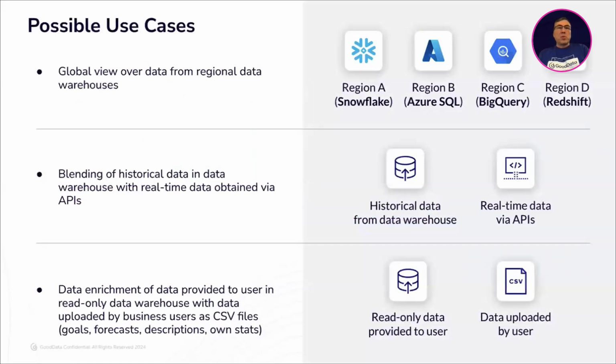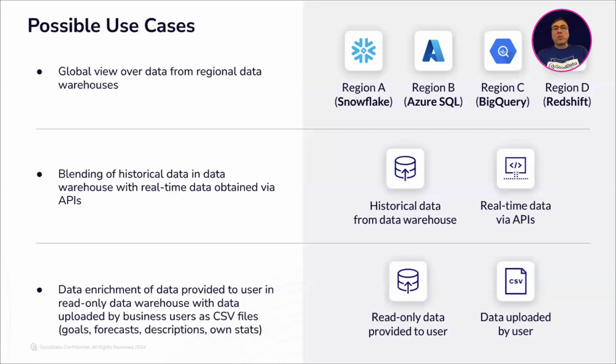Now, let me speak about possible use cases. The first use case is that you can combine data from multiple regional data warehouses and provide a global view. For this use case, it doesn't even matter if the data are stored in private or public clouds. It can be a mixture of both.